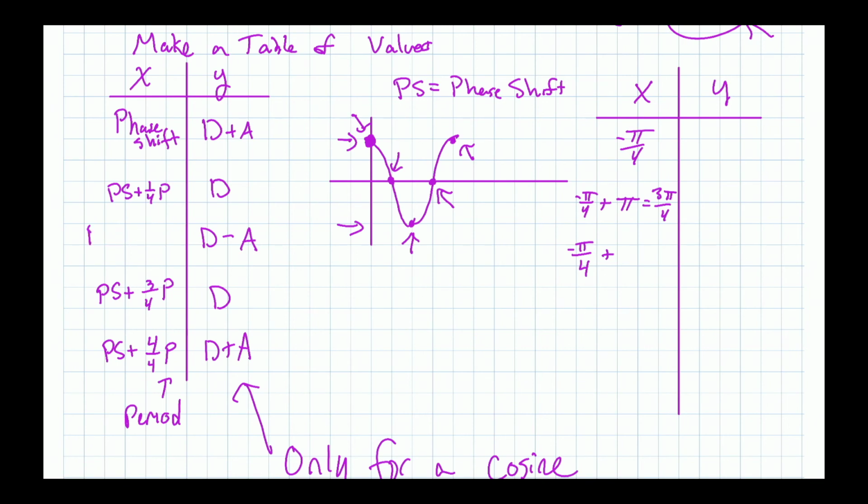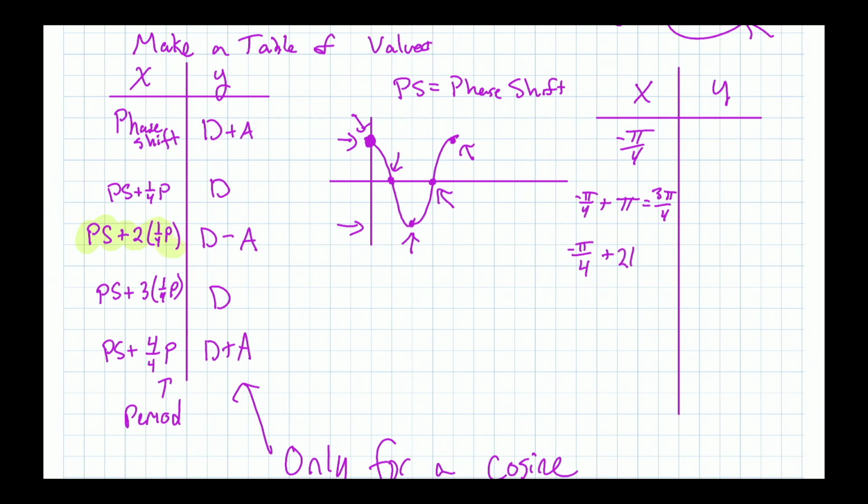Maybe a nicer way to have written that would have been PS plus 2 quarter period. And same thing for this one. Like maybe we should have done 3 quarter period. And then the last one would be 4 quarter period. So anyway, back over here. So we're still doing this one.